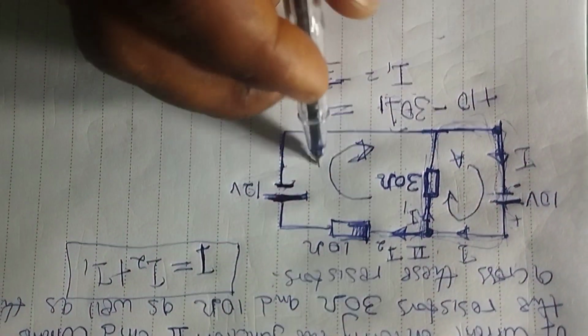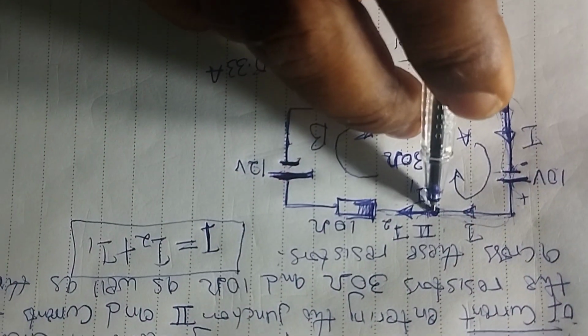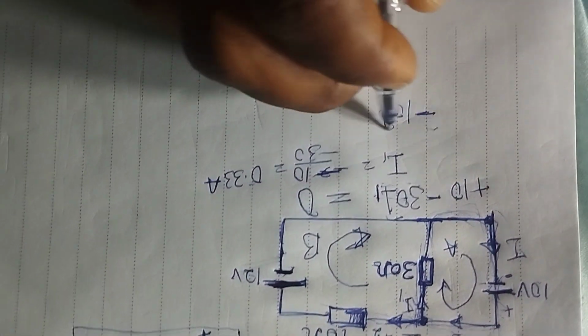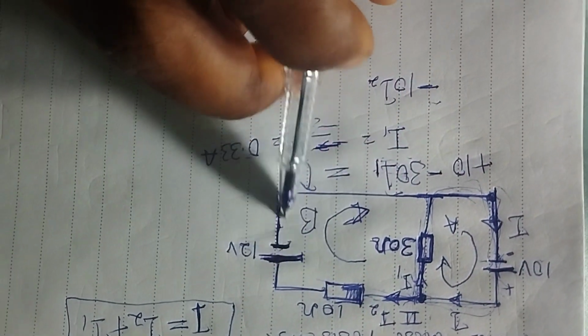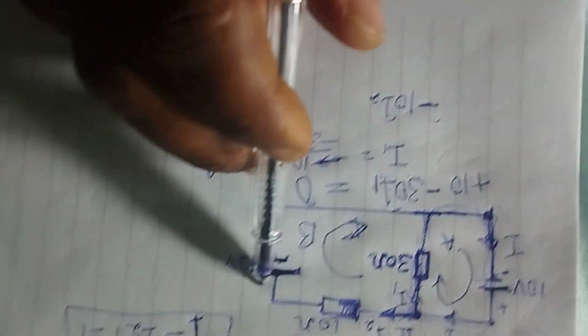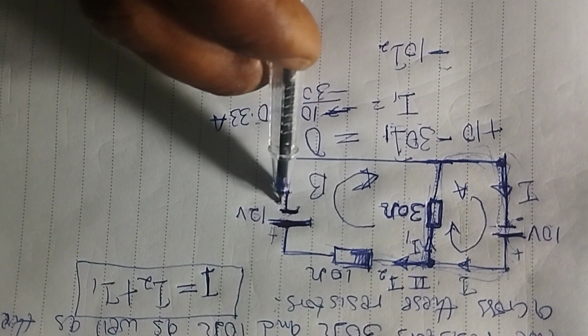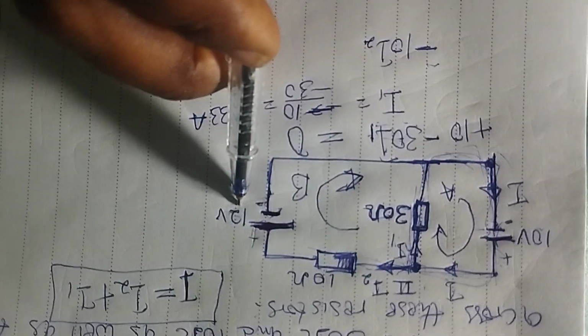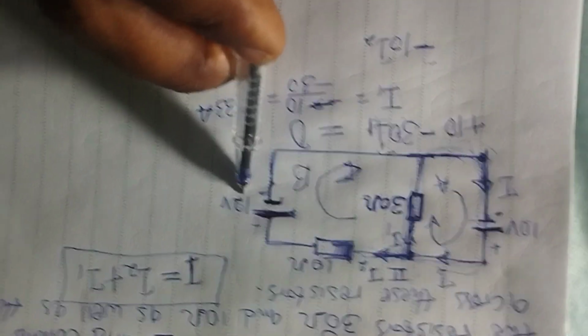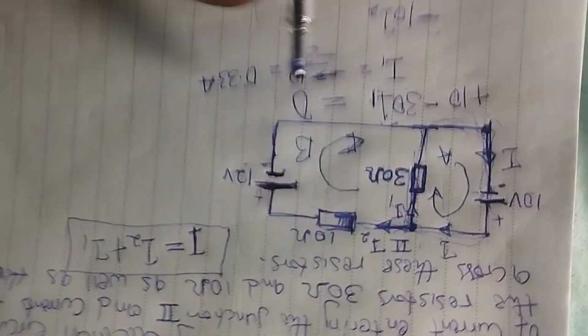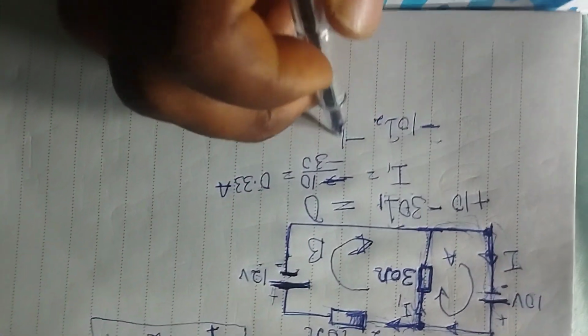So for this loop B, when I move like this, it's going to be minus 10 times I2. That's a voltage drop. As I move towards this particular cell, I'm moving from the positive terminal of the cell to the negative terminal. So there is going to be an electromotive voltage drop across this particular cell, so it's going to be minus 12.